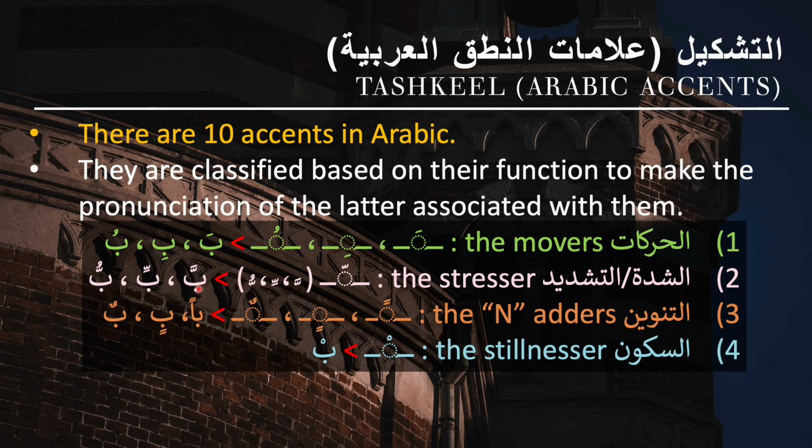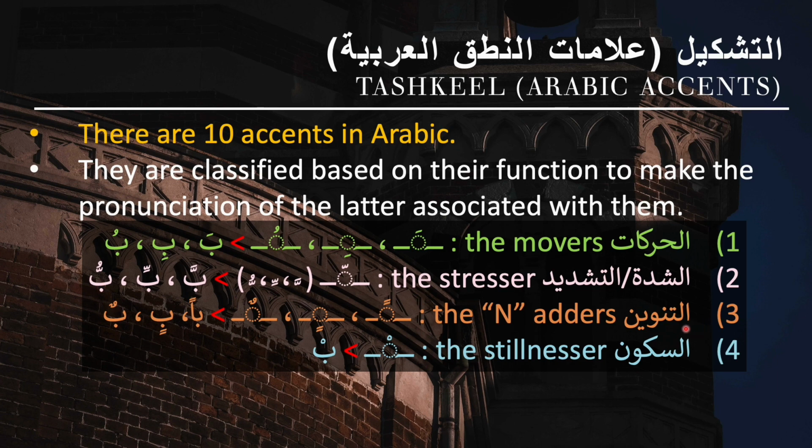So let's see the example here: Bba, Bbi, Bbu. It is basically the double as we see it in English. It makes the pronunciation of the letter stronger, and in Arabic it's even more stressed and emphasized when you pronounce it. It's actually two letters joined to be only one letter.